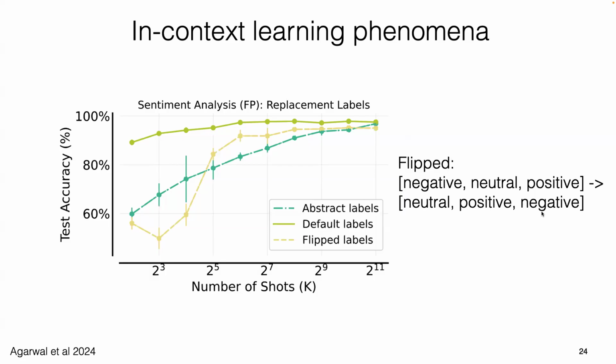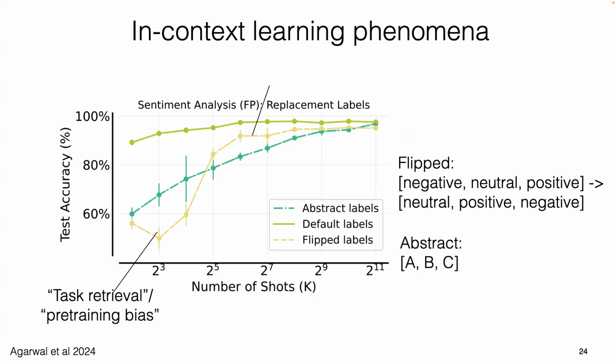It's kind of hard to even think about, at least for me. And then up here is the performance if you just have the original examples. And then here are two different settings. Here's the flipped label performance. And then this abstract labels is just ABC.